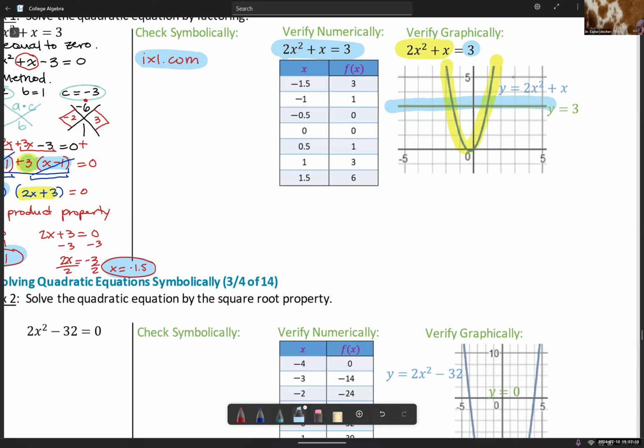And wherever they cross, those are your solutions. Now you can see that your answers are correct. So anytime you want to solve an equation, graph the left, graph the right, wherever they intersect, that's the answer. If they never intersect, there is no solution.